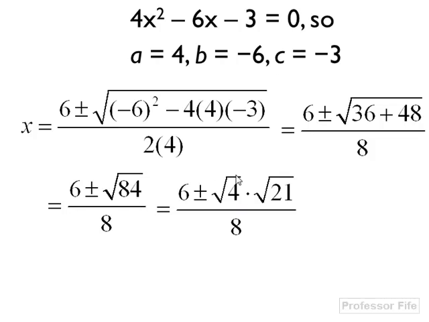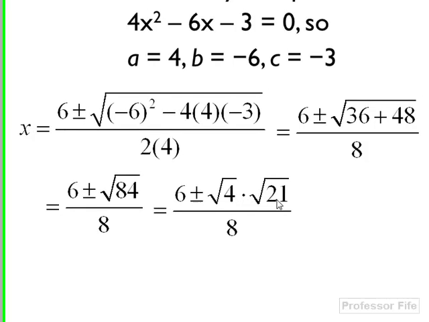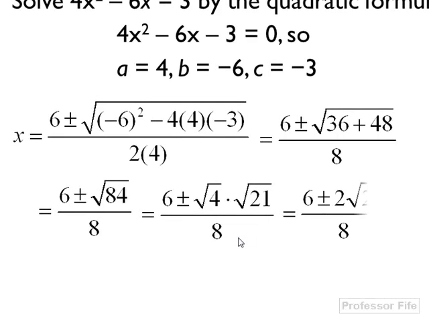And the square root of 4 is 2, so we get 6 plus or minus 2 square root of 21 over 8.